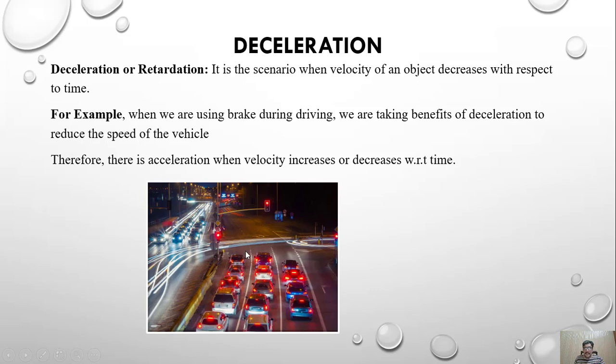When you accelerate your car, you are increasing the speed, you are increasing the velocity, and that is known as acceleration. So I hope it is clear that there is acceleration when velocity increases or decreases, but when velocity is decreasing, we name it deceleration or retardation.